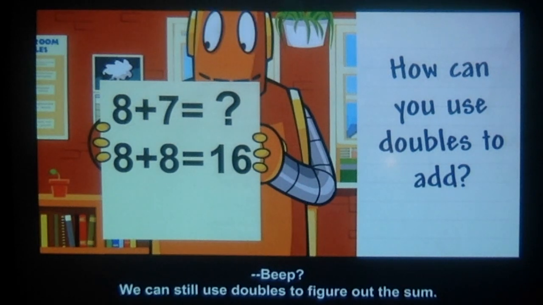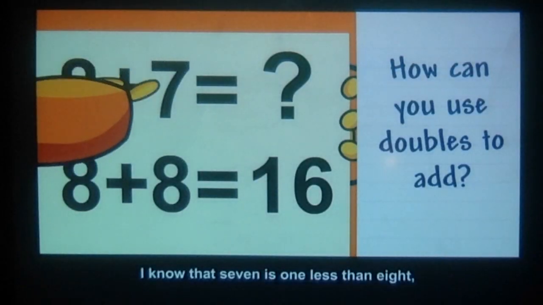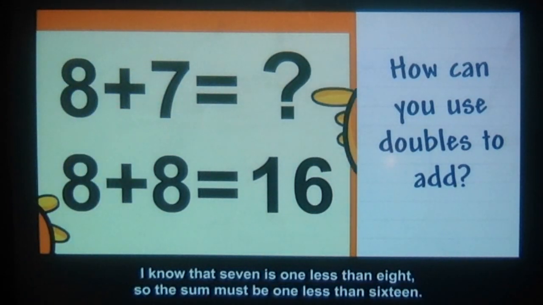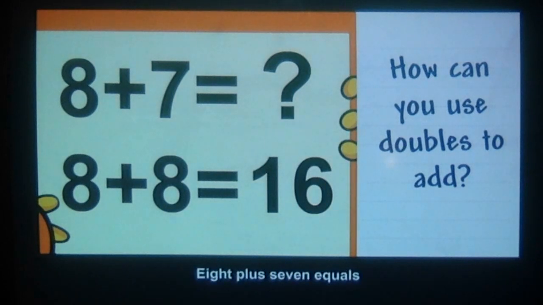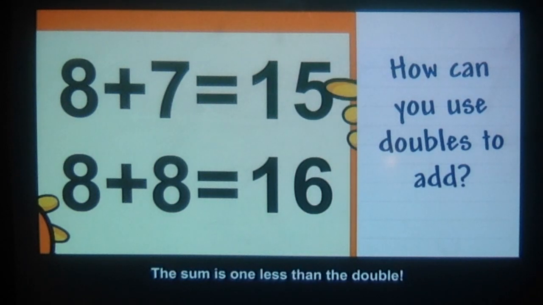We can still use doubles to figure out the sum. I know that 7 is 1 less than 8, so the sum must be 1 less than 16. 8 plus 7 equals 15. The sum is 1 less than the double.